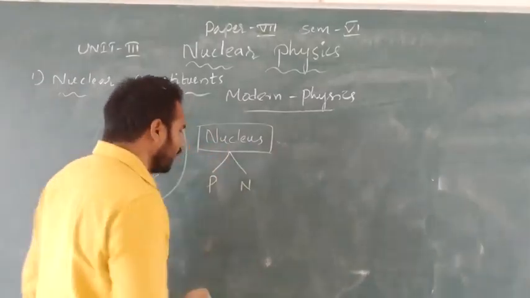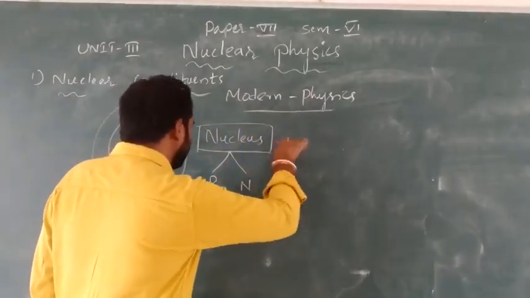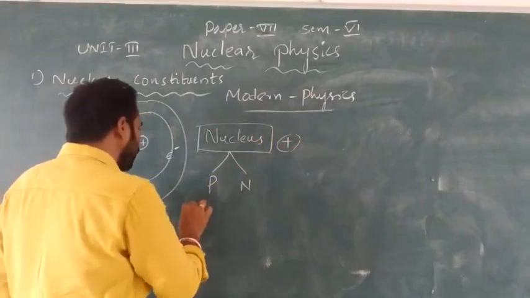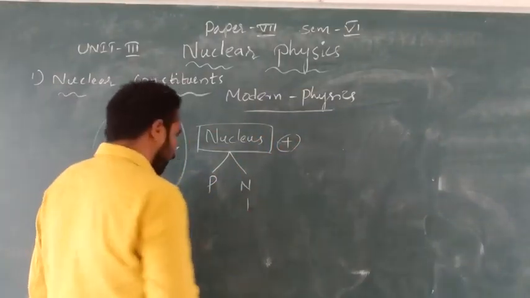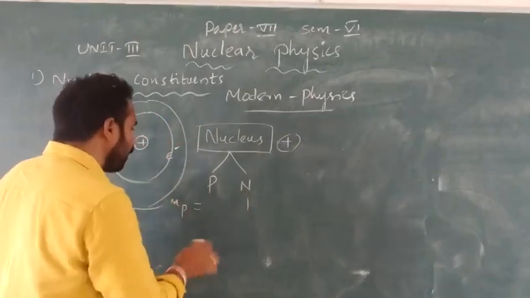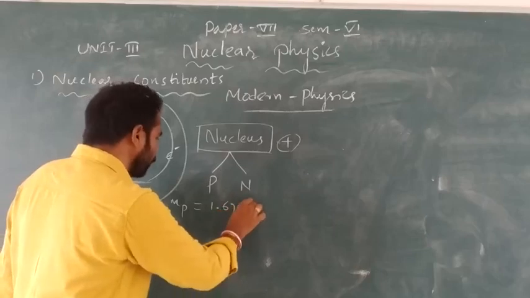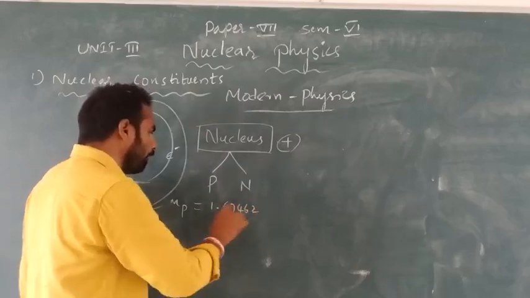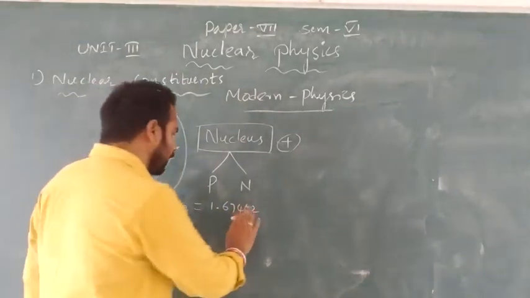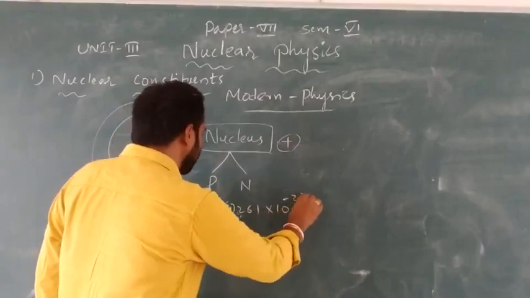The charge of the nucleus is completely positive. The proton charge is positive and the neutron charge is neutral. The mass of the proton is 1.67261 into 10 power minus 27 kg.